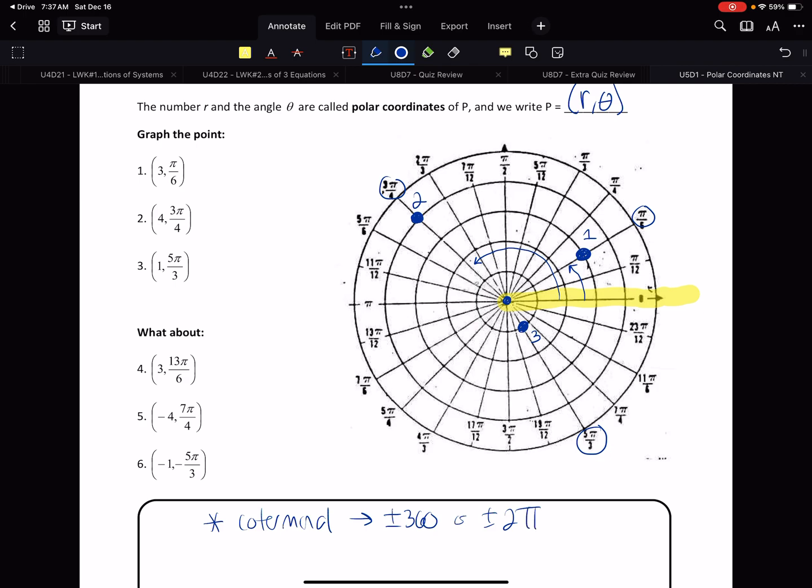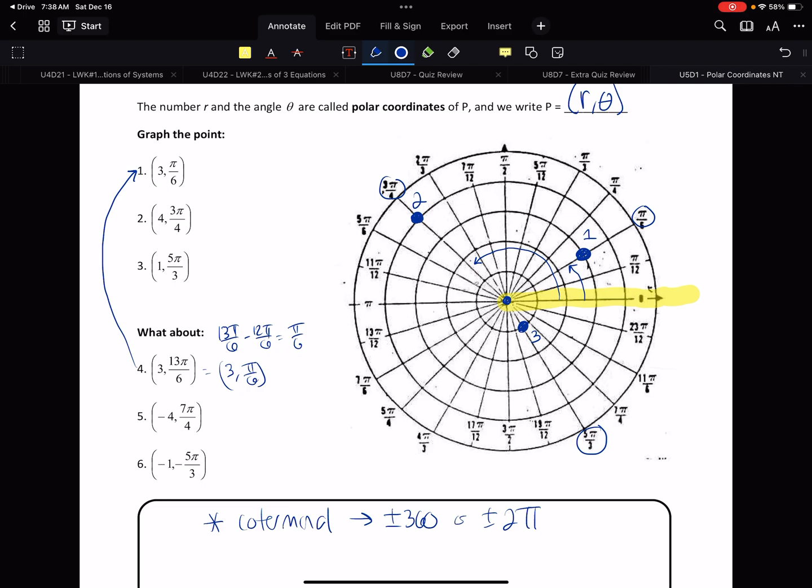So if I take 13 pi over 6 and subtract 2 pi, that'd be 12 pi over 6, and I get pi over 6. So this is the exact same thing as pi over 6. Nothing new to graph here. Point 4 is the same thing as point 1. Anytime you have something outside of 360, you can add or subtract 360 to get those coterminal angles on the inside.